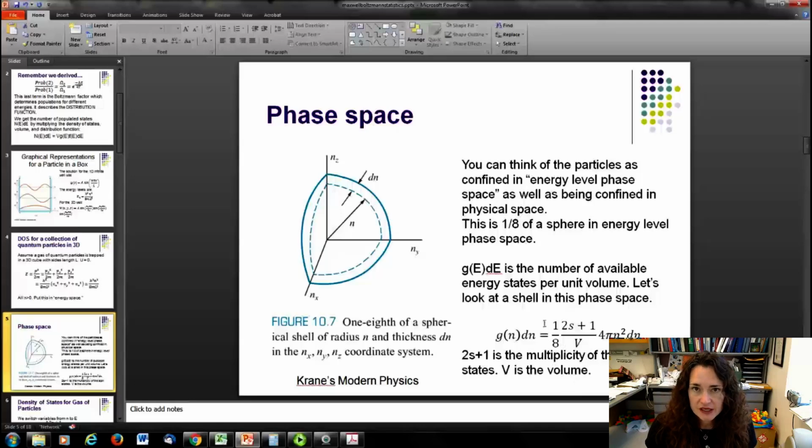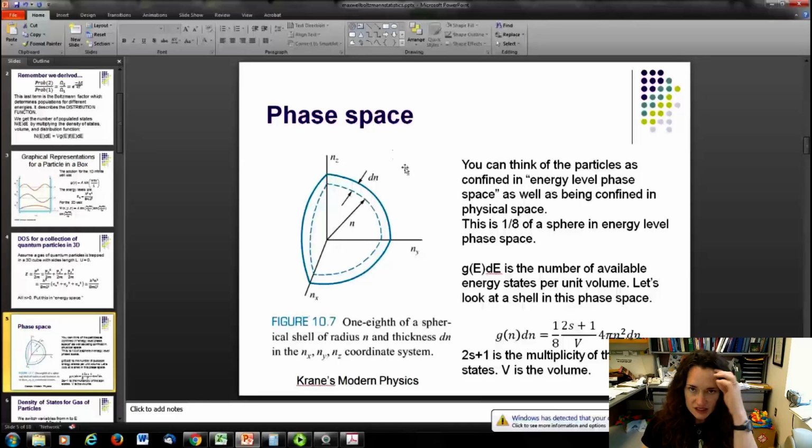Now what we're doing is we're looking at just a little slice of our sphere. So we're really looking at a spherical shell, okay? And what we want is the energy level states available in that shell. So we're looking at a little slice of the shell, which would have some thickness dn, okay?